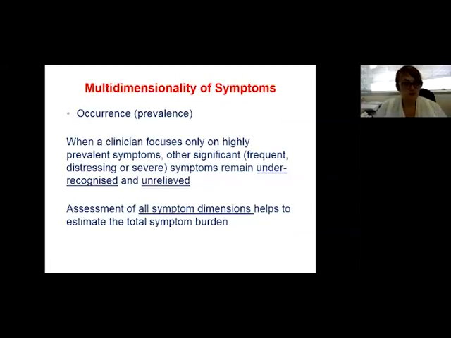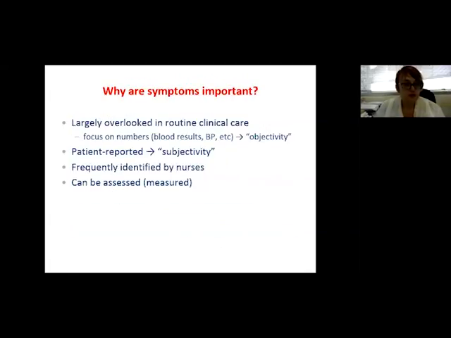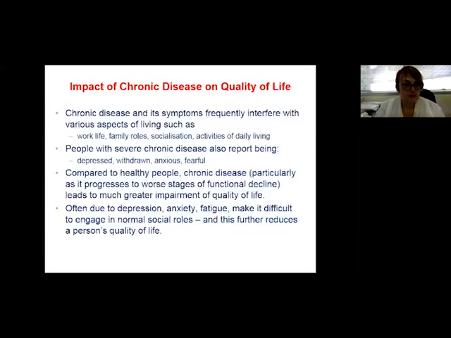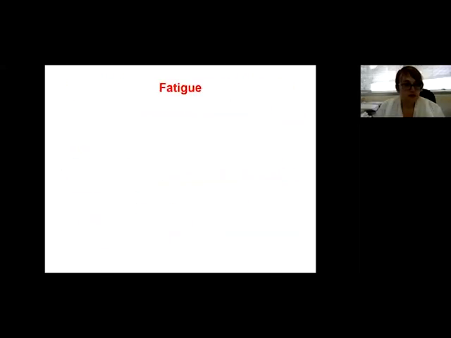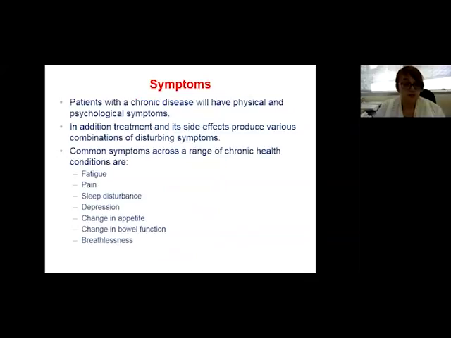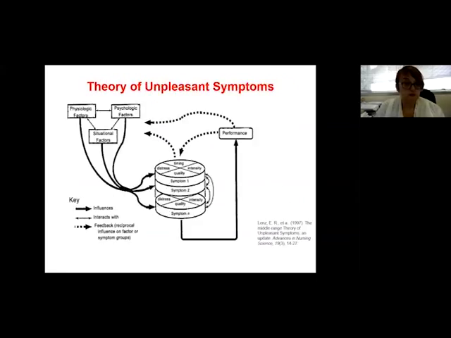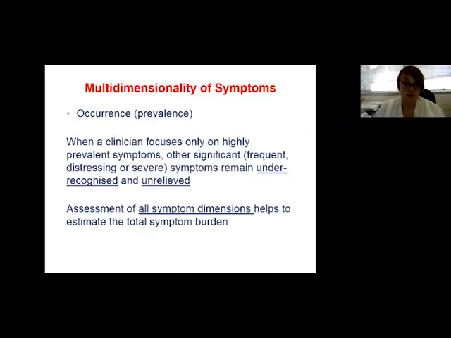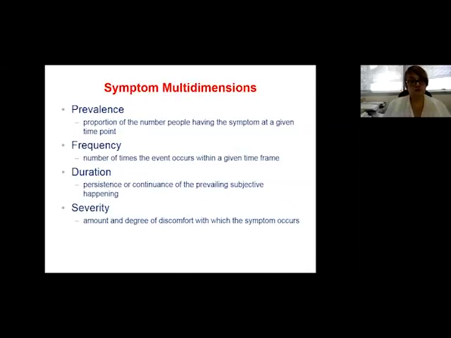So if you think back to that previous slide where I showed you all of the symptoms, this is just measuring prevalence. It's just saying, I have this symptom. But it's actually not saying how frequently this symptom is, how distressing it is, and how severe it is. So this is what I'm talking about, is looking at the multi-dimension of symptoms.